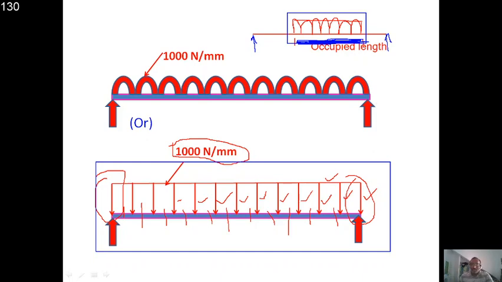That is the concept, right? Here it is the beginning and here the end, and in between there is no variation, hence it is a UDL. Here also it is the same.